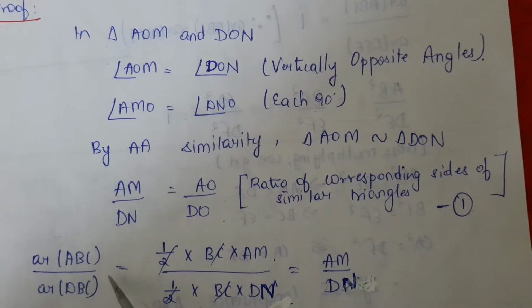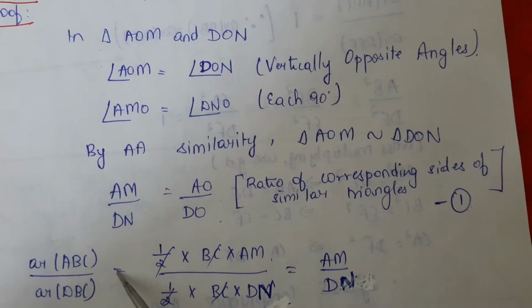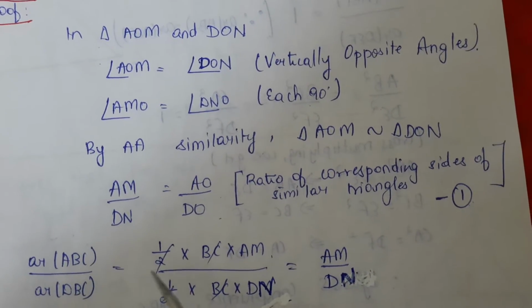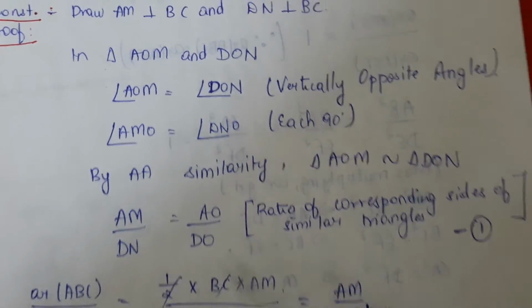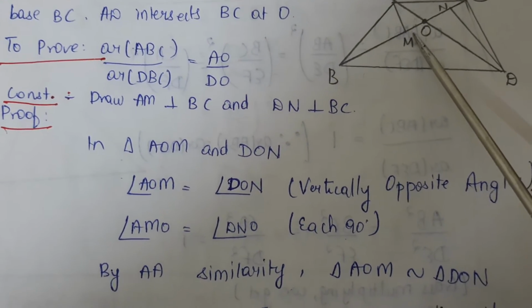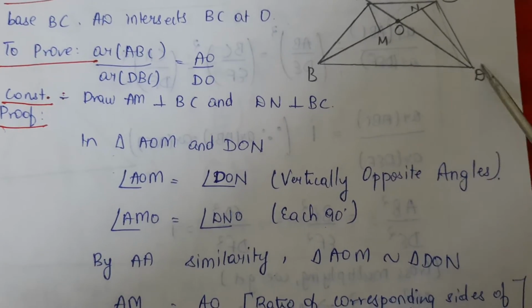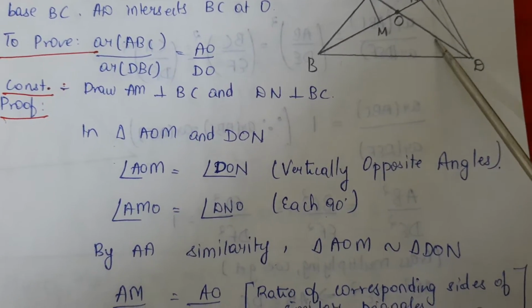Now let us find the area of ABC by area of DBC. This is what we have to prove. Now we know area is half into base into height. So area of ABC is half into BC into AM. Same way, it is half into BC into DN. The DN is the altitude.